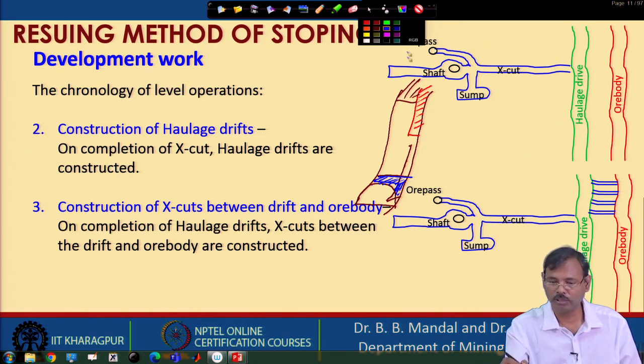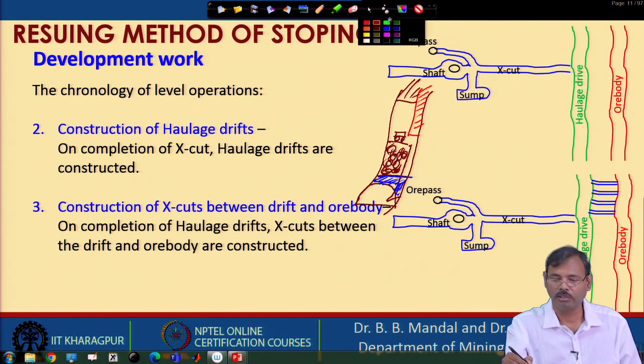This sill pillar is kept at this position as the support, and this blasted rock mass of the hang wall is allowed to act as the filling material on which the machine can stand.